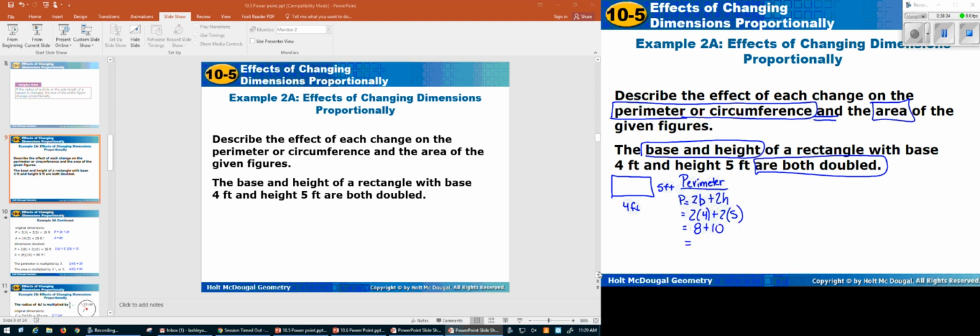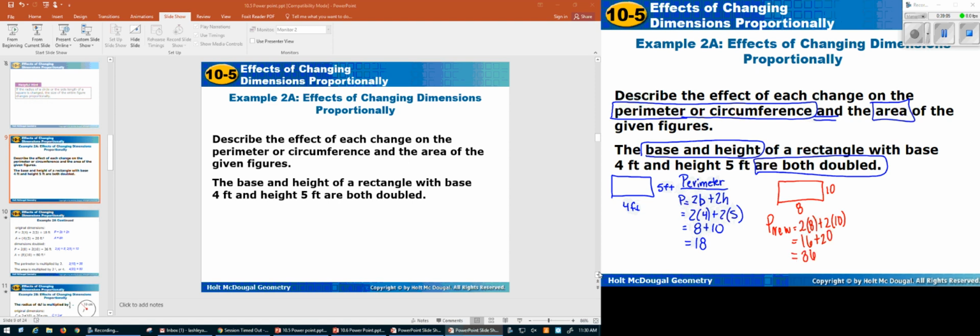So what's my perimeter? 18. Okay, now we're going to do the new shape. So the new shape is going to have a doubled base and a doubled height. So what is that going to make the new base? 8, and the new height? 10. So the perimeter of the new shape will be 2 times 8 plus 2 times 10, which should be 16 plus 20, which is 36.